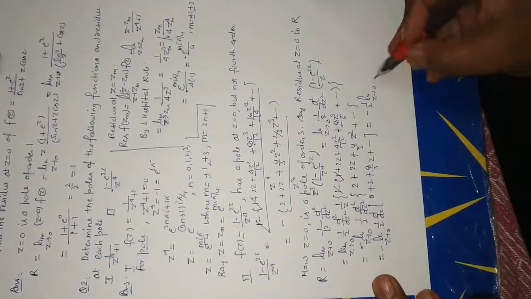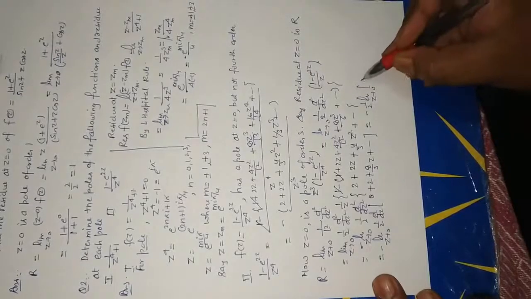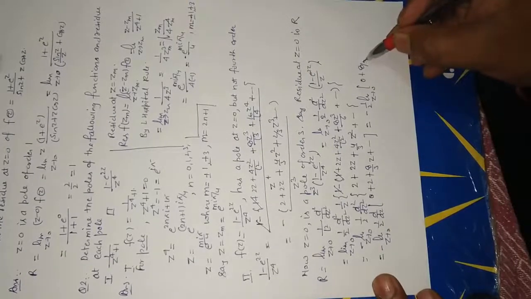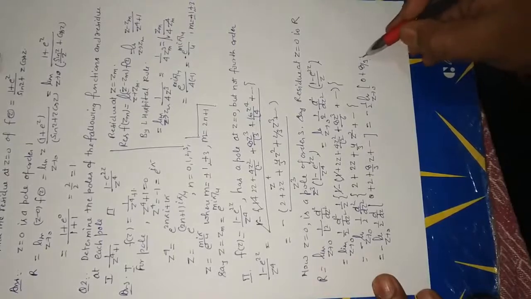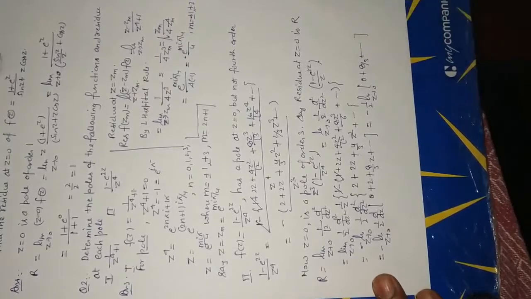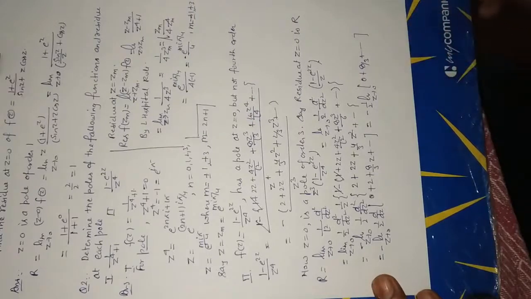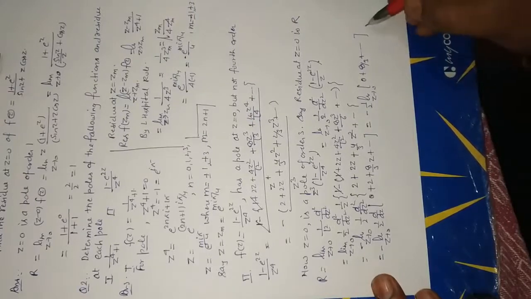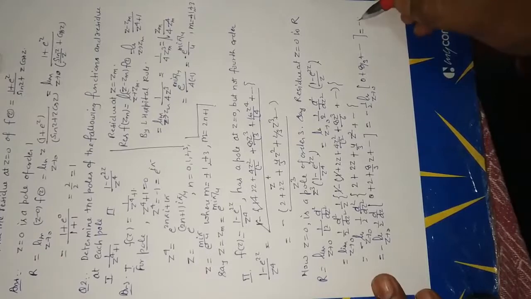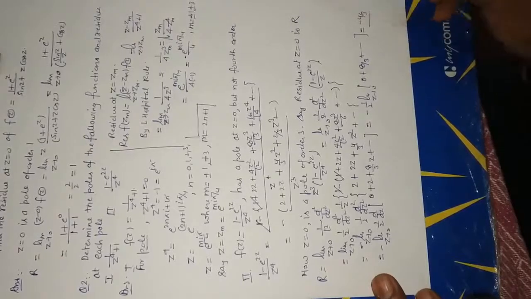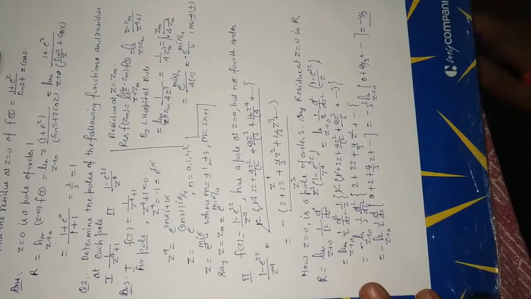Now differentiate again, 0 plus 8 by 3 plus up to dot. This is equal to 8 by 6, that is minus 4 upon 3.